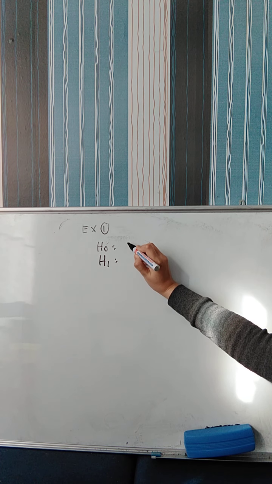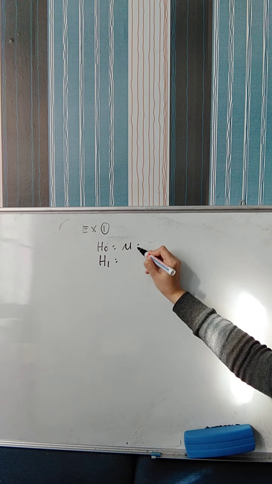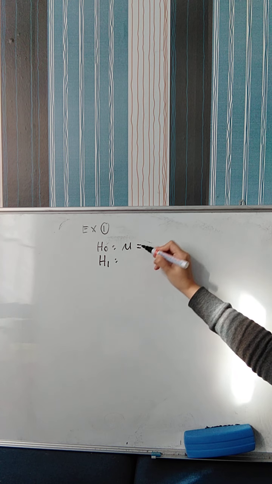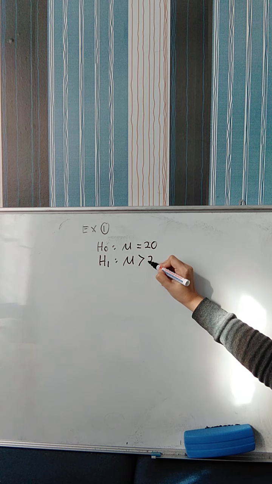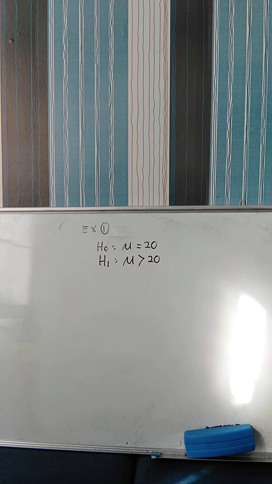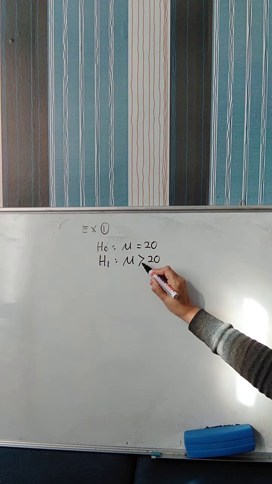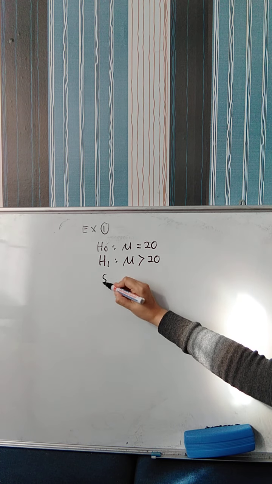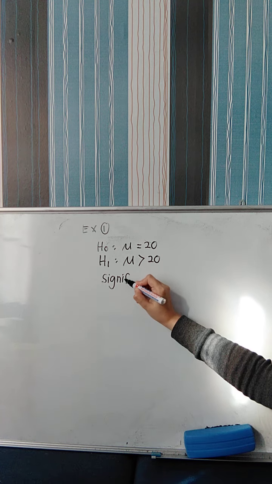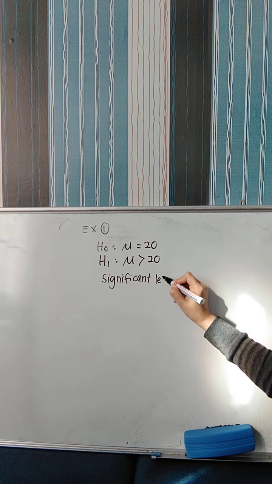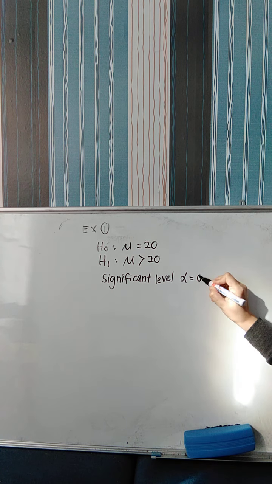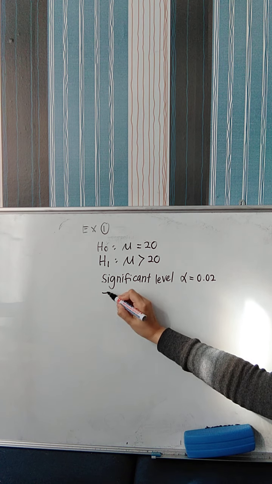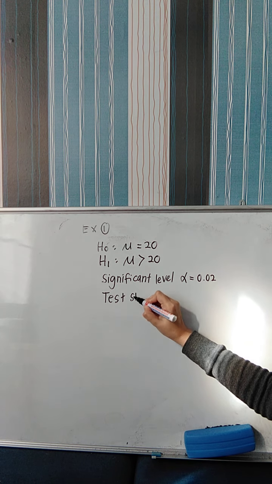So this is your H0: mu equals 20, and H1: mu more than 20, because it mentioned amount spent per customer is more than 20. So the symbol here is more than. Next, you write the significance level given, which in this example is alpha equals 0.02, and then you continue to the test statistic.